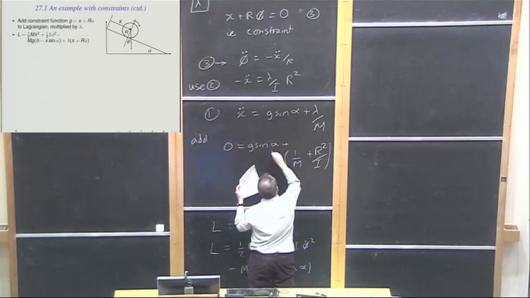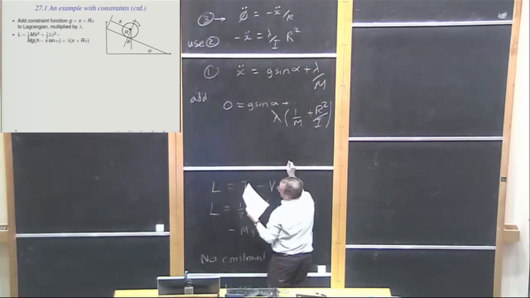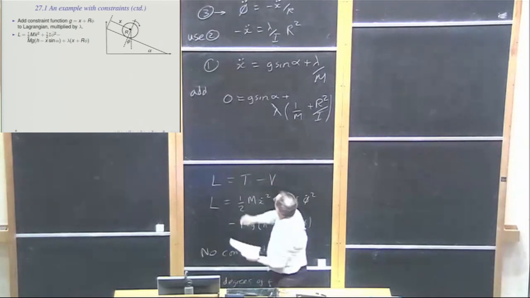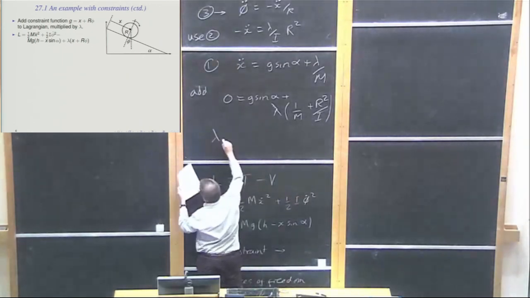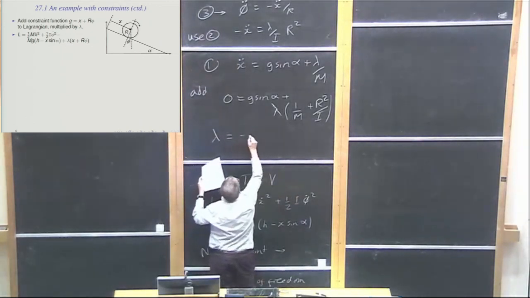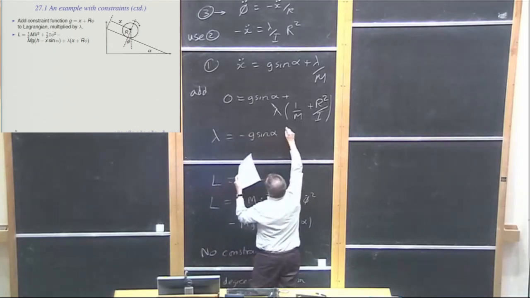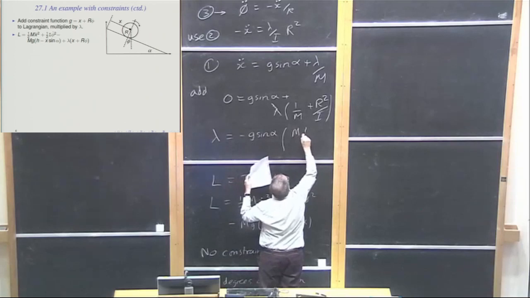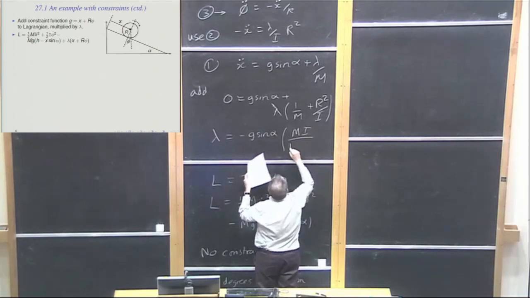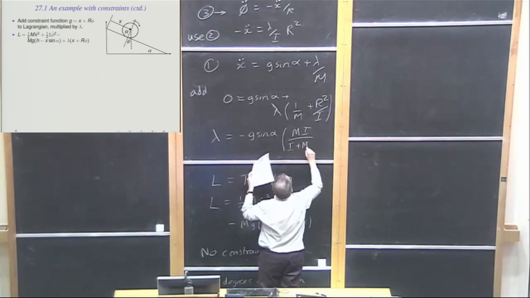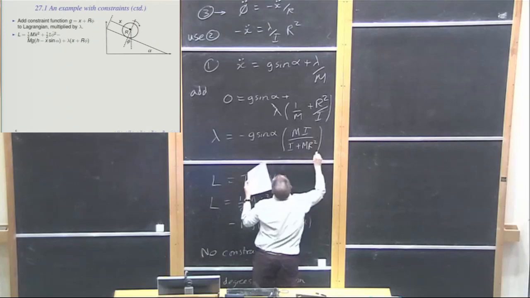Let's make that clearer. And hence we have found the value of lambda. So lambda equals minus g sine alpha over m times (I plus mr squared).